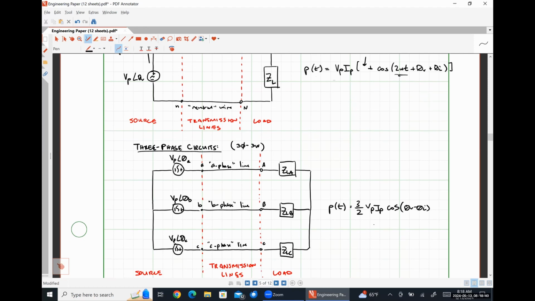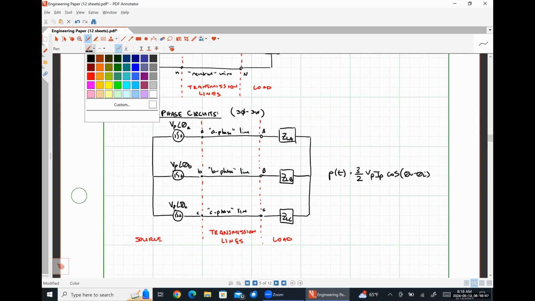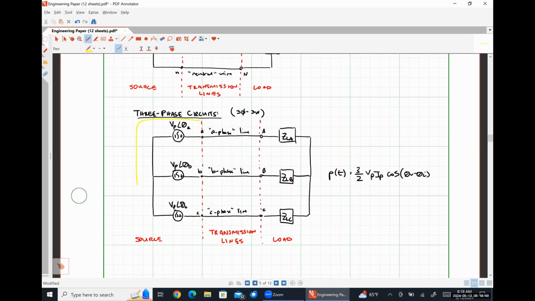All right, so we are going to look very briefly at how this portion of our system, the voltage source, works.